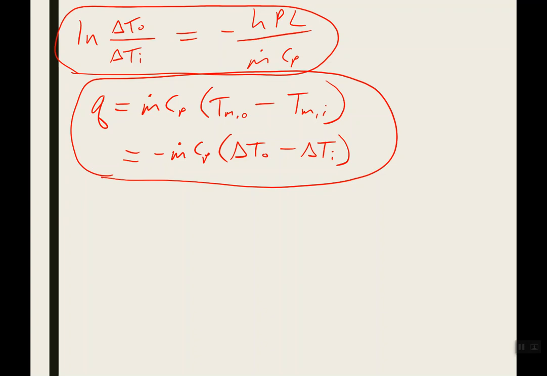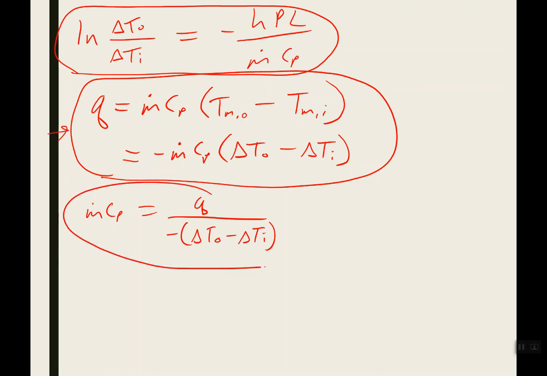So the common variable here that we're going to take advantage of is the combination of m dot times Cp. So we would solve for m dot Cp is equal to Q over negative delta T out minus delta T in. I'm just solving this second equation for m dot Cp.